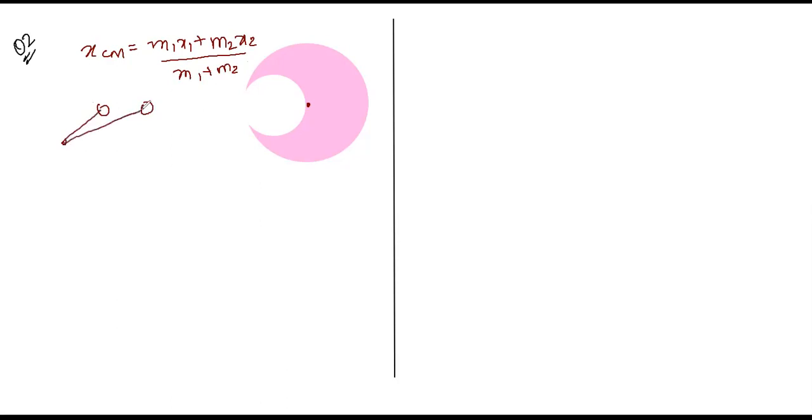And they were at different distances, x1 and x2, from the origin. So these were the coordinates of those points, and from this we are finding out the coordinate of the center of mass of the system, right? Correct?